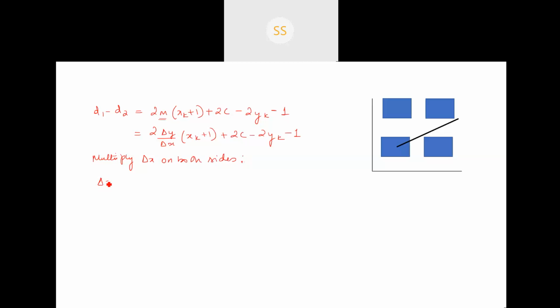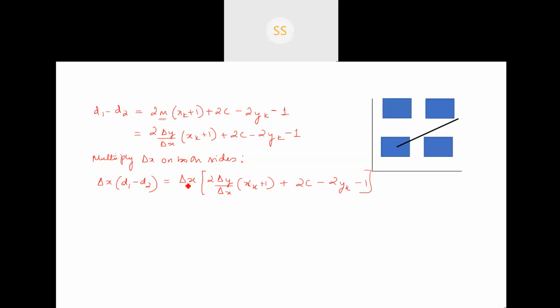I'll get delta x into d1 minus d2, which is equal to delta x into 2 times delta y by delta x, that is xk plus 1, plus I have 2c minus of 2yk minus of 1.